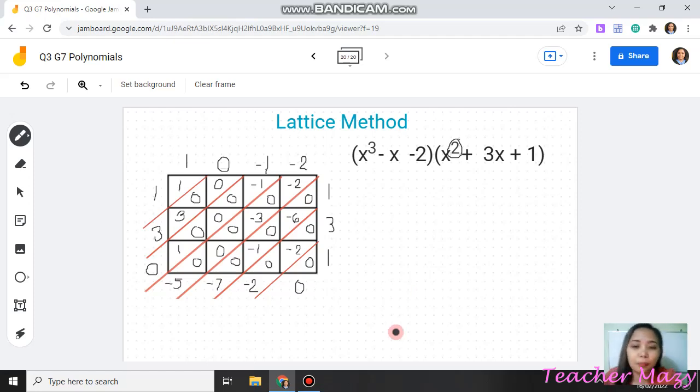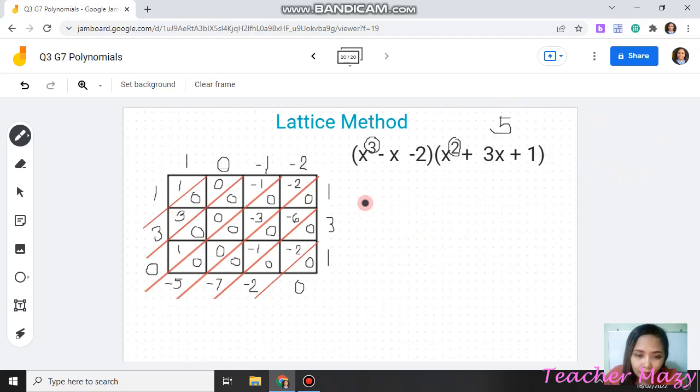Okay, now let's determine the degree of our polynomial. So we need to add the exponents of the first term. So that is 3 plus 2 is equal to 5. So 5 is the highest degree for this polynomial.